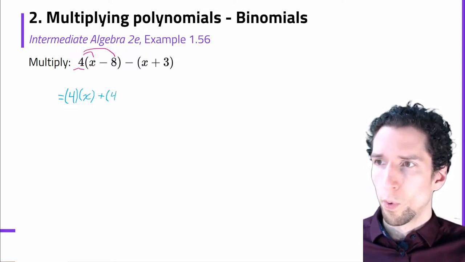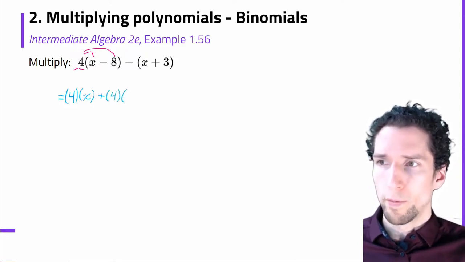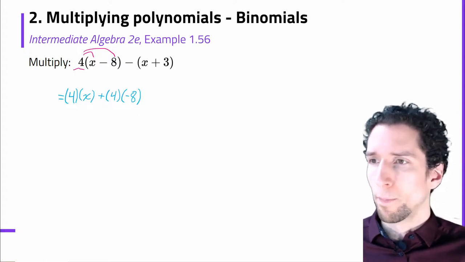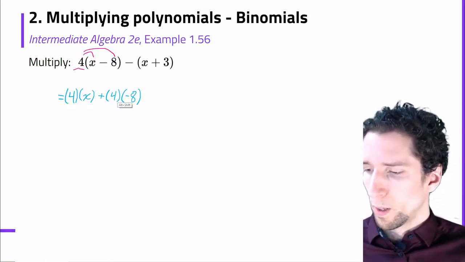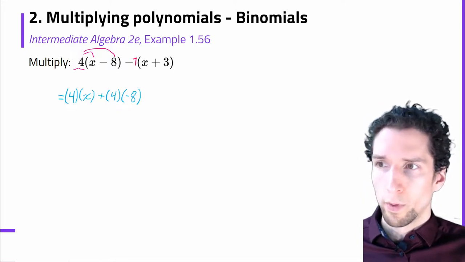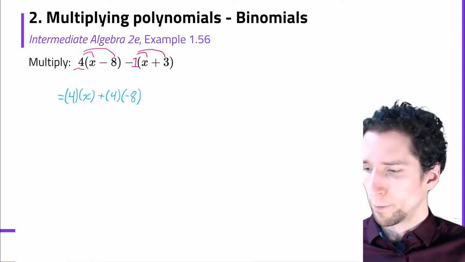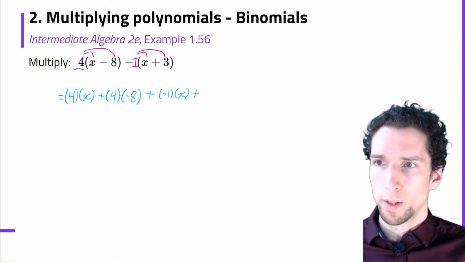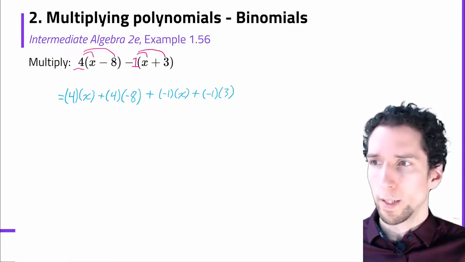So plus 4 times negative 8 here, and that will turn into just minus, but just so we understand the parts involved here. With the next one, we might think, okay, there's nothing there, but really we have a 1 in front. So we have this -1 we are multiplying by each thing. So let's write it this way, plus -1 times x, and also plus -1 times 3, like this.